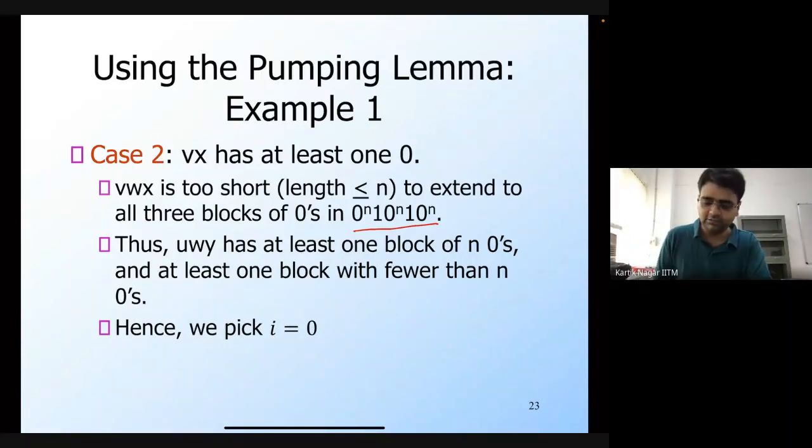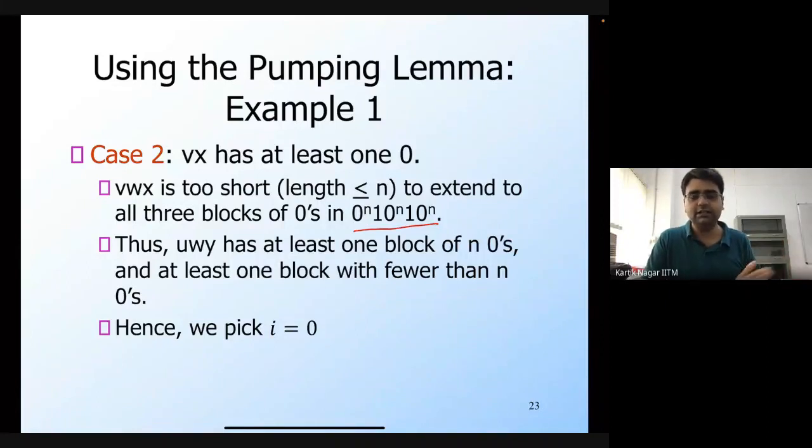Since the length of vwx is less than or equal to n and vx contains at least one 0, it's definitely not going to span all three blocks of zeros, because I have contiguous blocks of n zeros separated by a 1.